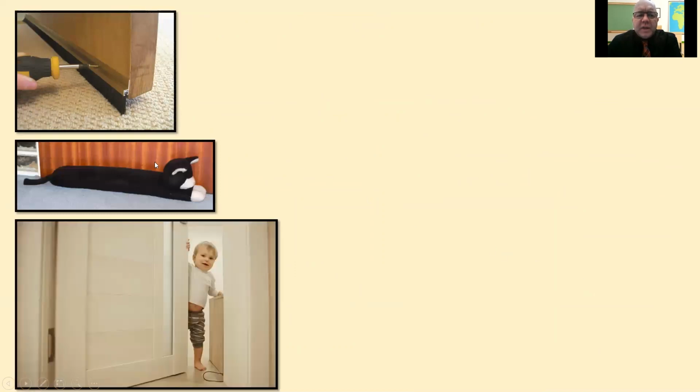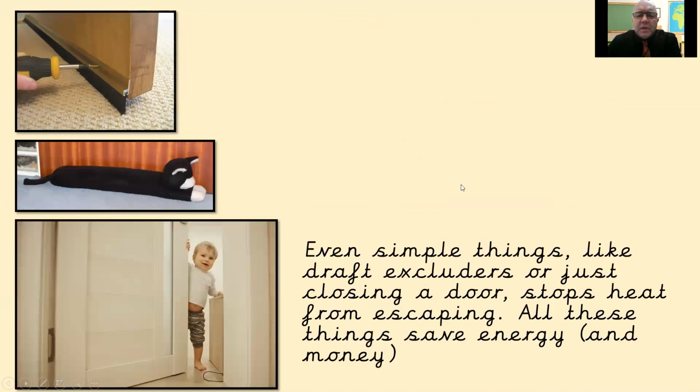Okay, we've got three things going on here. Very, very simple things. Simple things like draft excluders or just closing the door stops heat from escaping. And all these things save energy and save money. This is a proper draft excluder. It's fitted to the bottom of the door, and you can see it blocks any cold air from getting underneath.